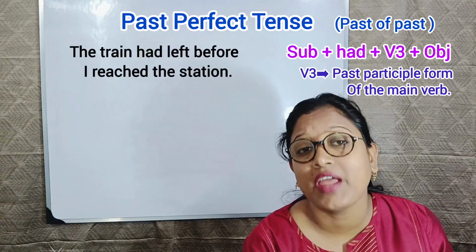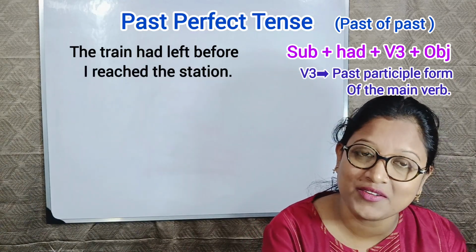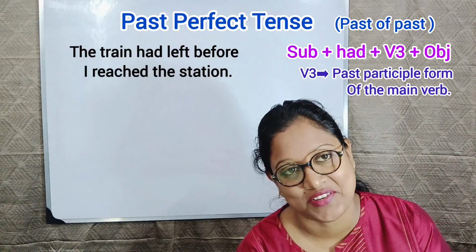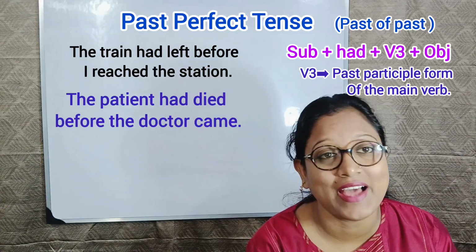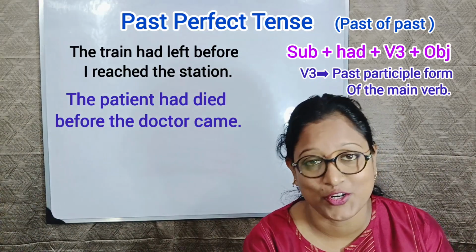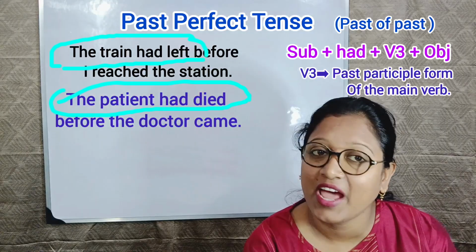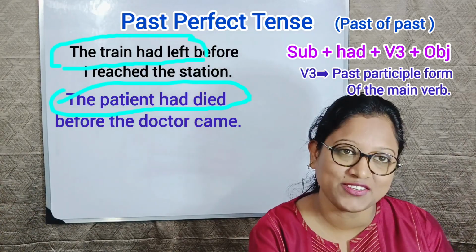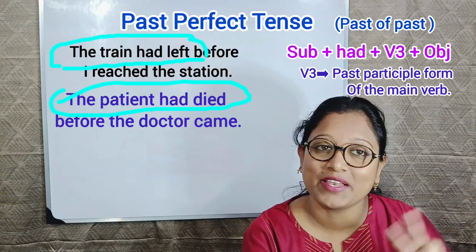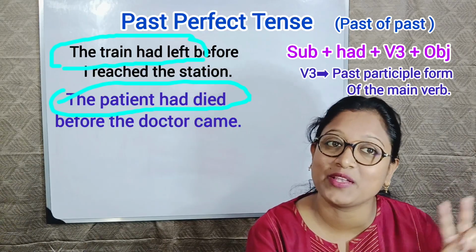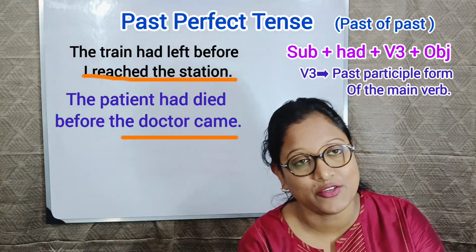Next, the train had started before I reached the station. Sure? And it is very common. The patient had died before the doctor came. The train had left before I reached the station. These are very common, right? So for the first action we will use past perfect and for the second action we will use past indefinite.